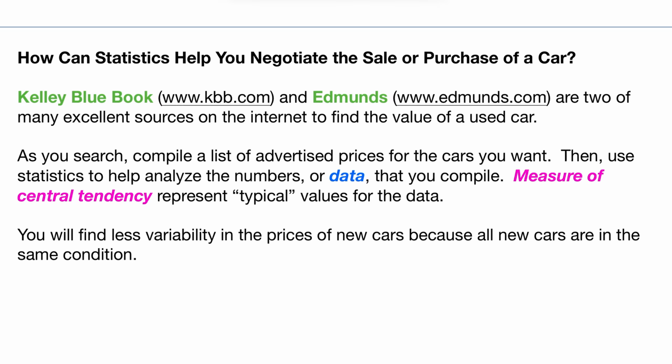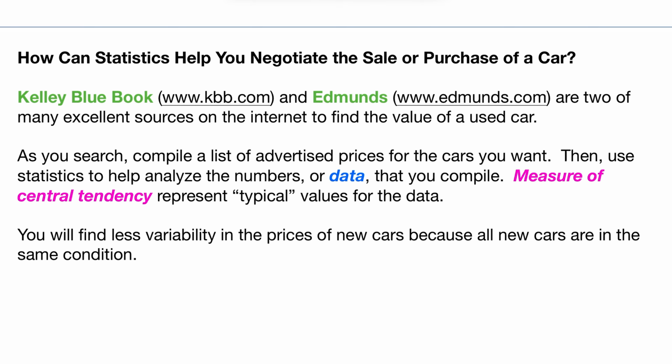Okay, they give you a lot of information that a lot of consumers go to, whether they're buying a car or selling a car, to get some intelligence. So as you search, what you want to do is compile a list of advertised prices for the car or the cars that you want. Okay, and then you're going to use that information to help analyze the data that you've collected to determine what you should ultimately sell or buy the car for.